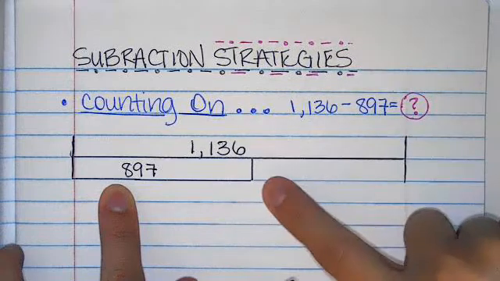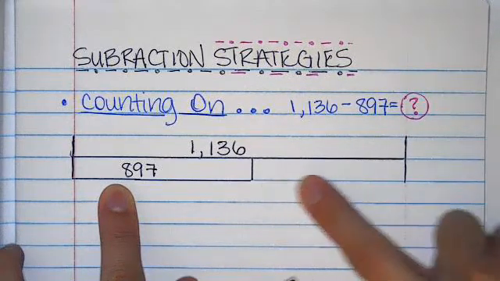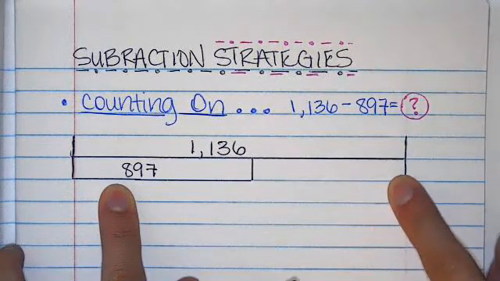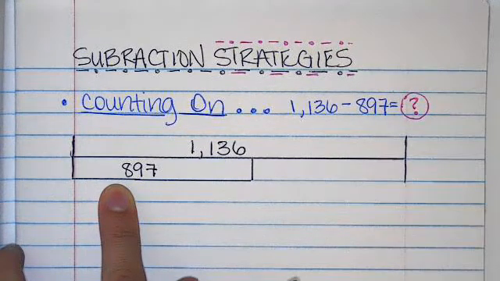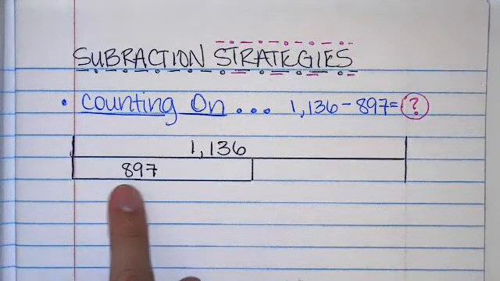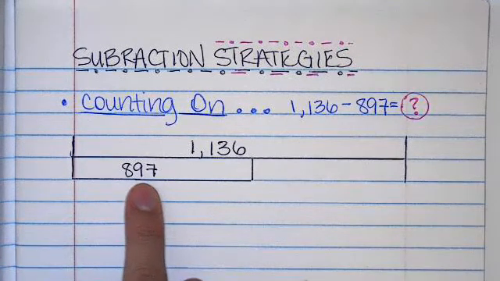Then we have to count up and find out what number would take up the space between here and here to equal this whole amount, 1,136. So the first thing I'm going to do is I see that 897 is 3 numbers away from 900.